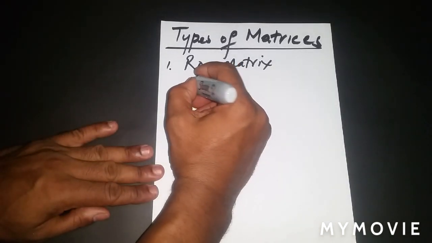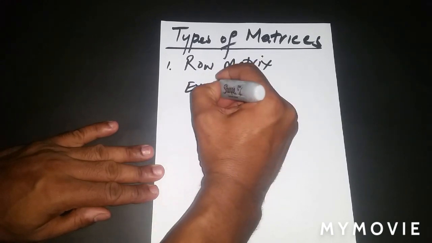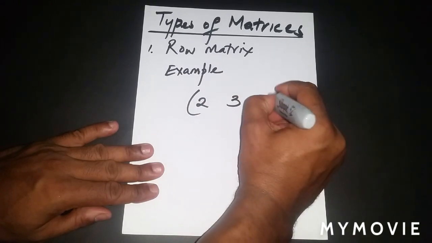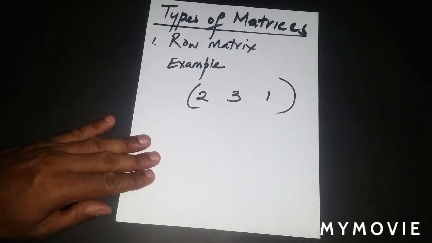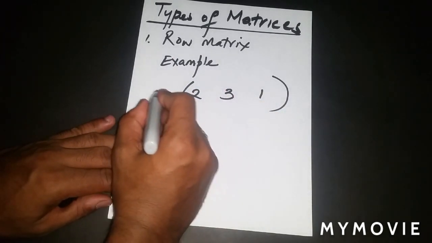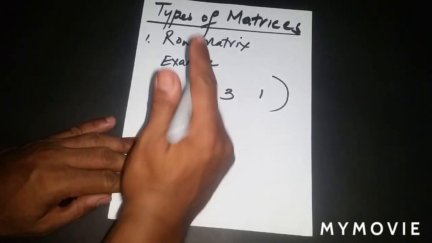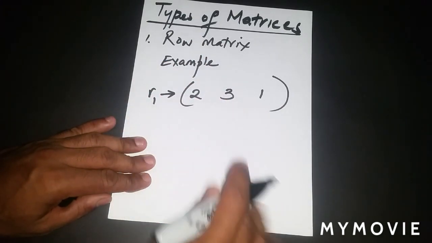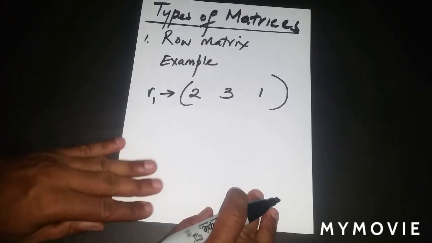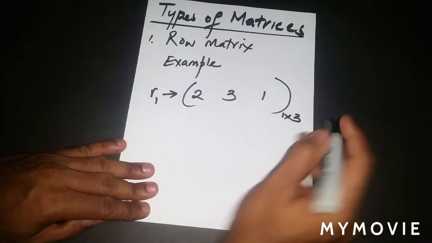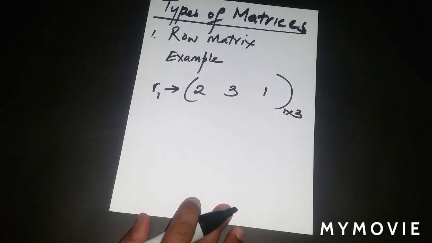So, for example, if we have a matrix looking like this, that's simply a row matrix because it has one row. It has actually 3 columns, but the fact that it only has one row makes it a row matrix. By the way, this matrix here would be a 1 by 3 because it has one row and 3 columns.